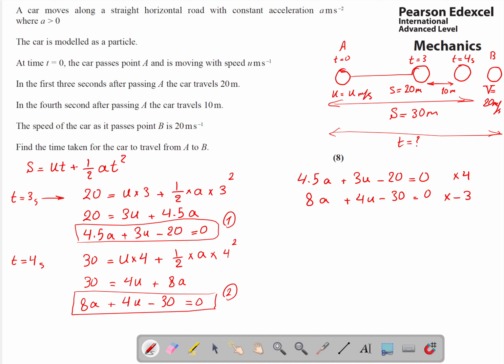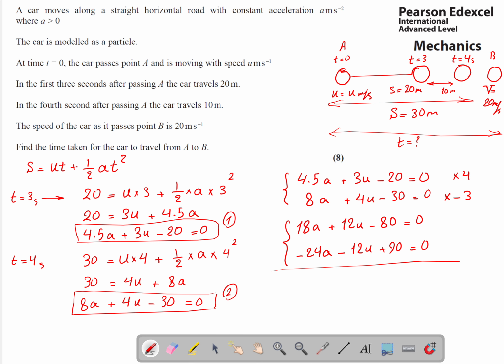The first equation multiplied by 4 will be 18a plus 12u minus 80 equals 0. The second one multiplied by minus 3 will be minus 24a minus 12u plus 90 equals 0.